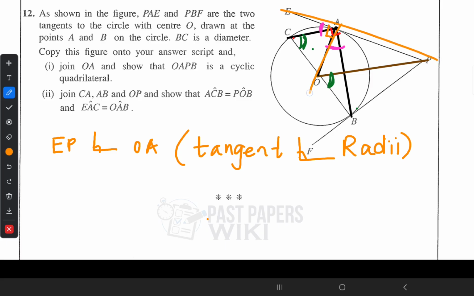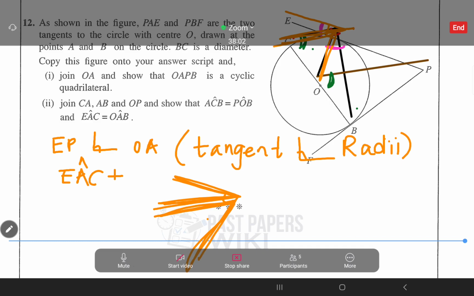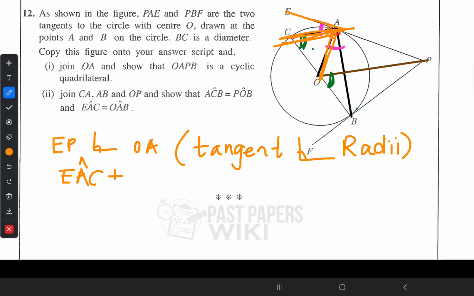This one and this one are perpendicular, so I can write EAC, this exterior angle, plus this angle. Think about this. If this is perpendicular, it was split into two angles, this angle and this angle. The sum of these two angles equals 90. That's the thing I'm going to show. EAC plus CAO equals 90.